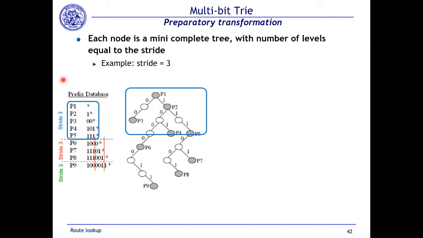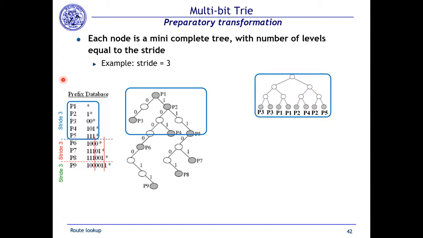We have to map it onto a node of this multi-trie representation. So first we have to take this subtrie and transform it into a complete subtrie. We do the same procedure that we did to build a complete trie.